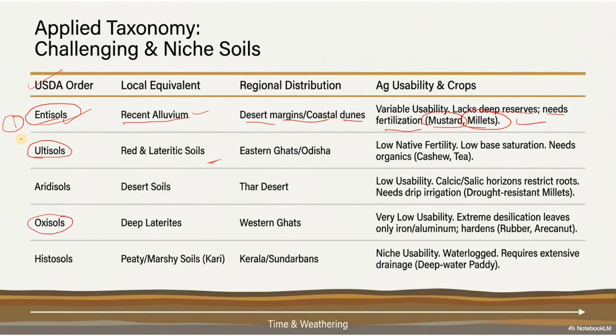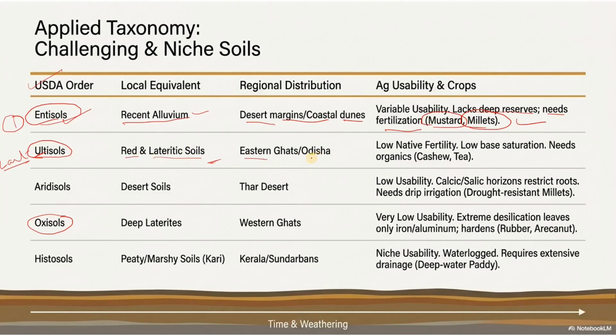Now I am talking about the ultisol. Ulti comes from the Latin word ultimus, which means last. It is known as red or laterite soil in India.